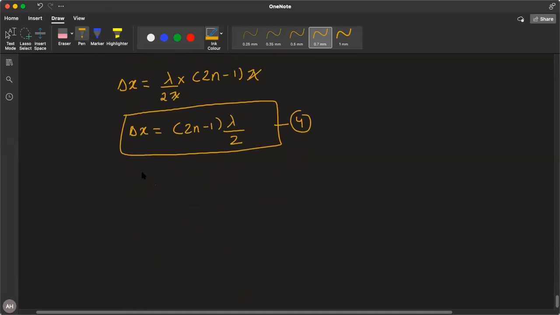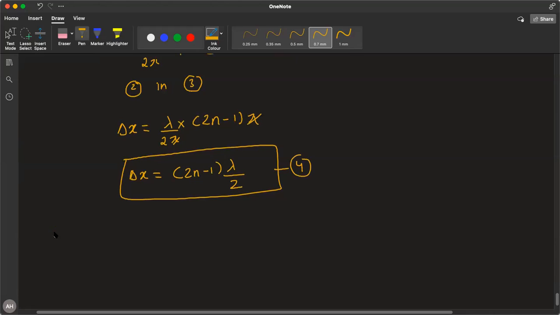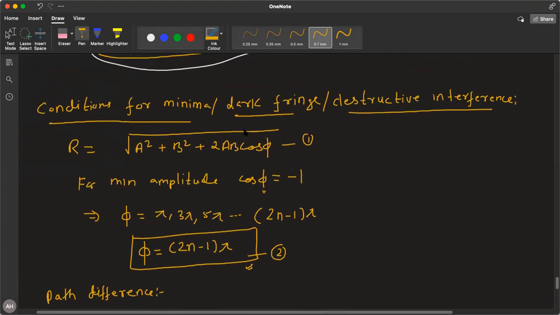After this phase difference, the next thing is you can calculate the minimum amplitude. I need the value of minimum amplitude. Now, to get minimum amplitude, instead of this phi, I can substitute 2n minus 1 pi.